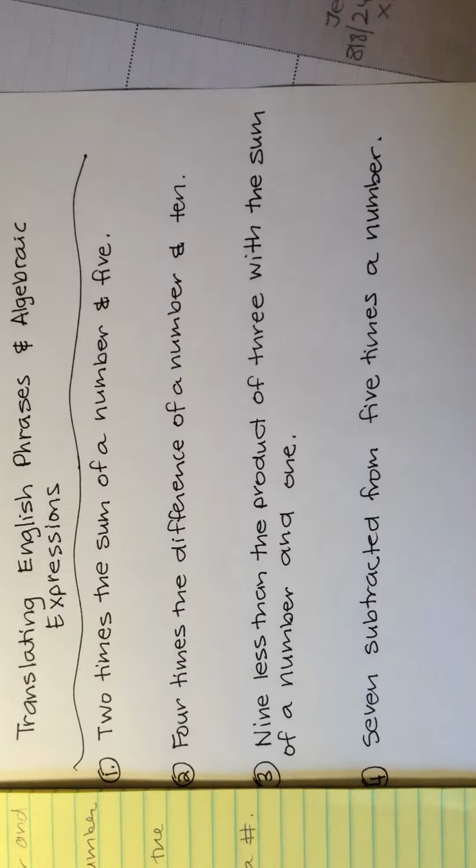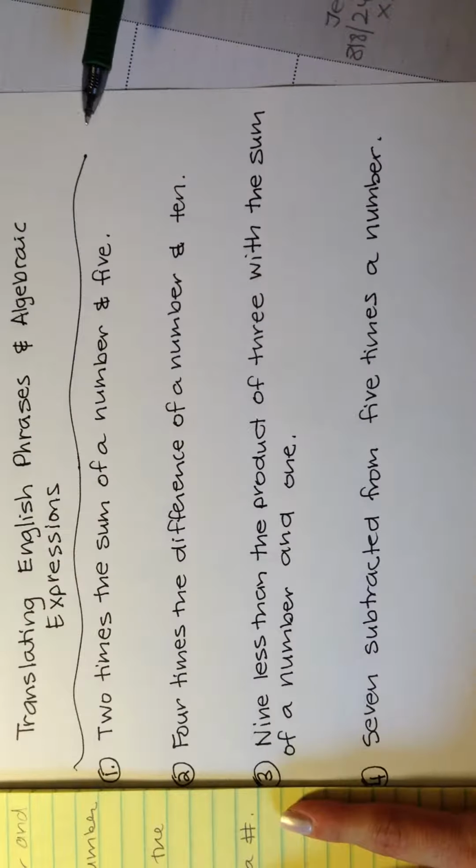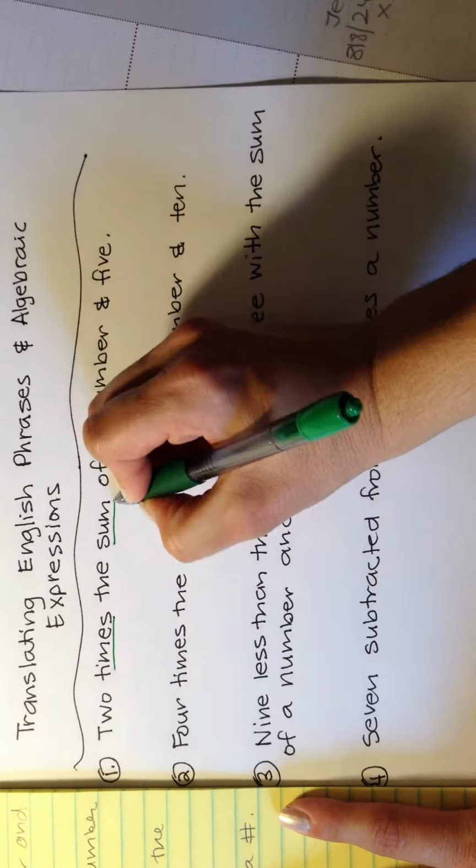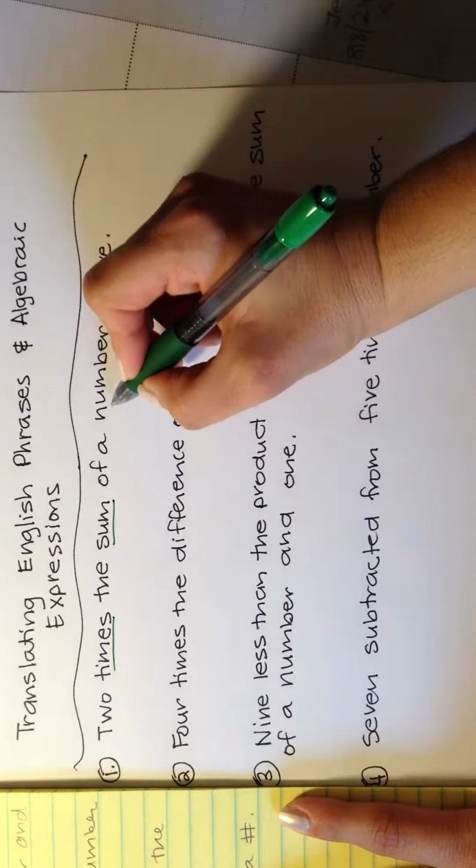So when we look at the first example, it says 2 times the sum of a number and 5. What I like to do is underline the words that are important that tell us what operation we're doing. For example, it says 2 times and sum, and it also says a number.